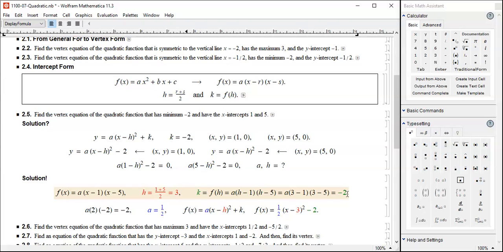K does not immediately follow, excuse me. You have to go back to the original equation to find out k. So okay, k requires a bit of work. H follows immediately, k does not. From this k part, we can determine what a is, and that's what we did here. Once you determine the a, we want a, h, and k, so we have the vertex equation.